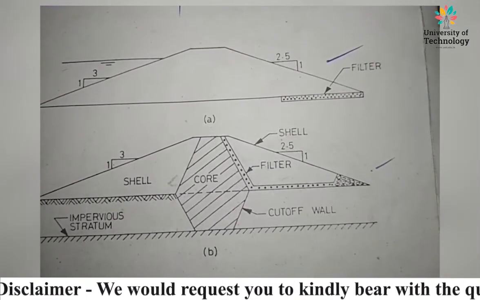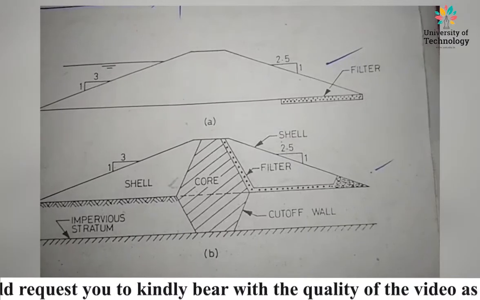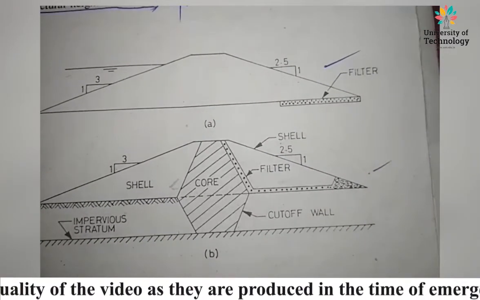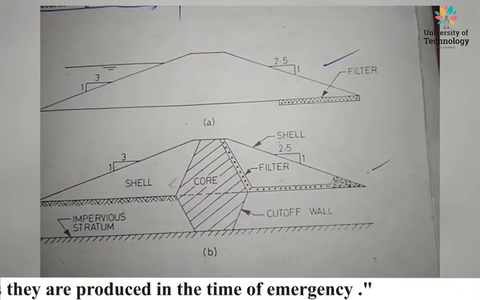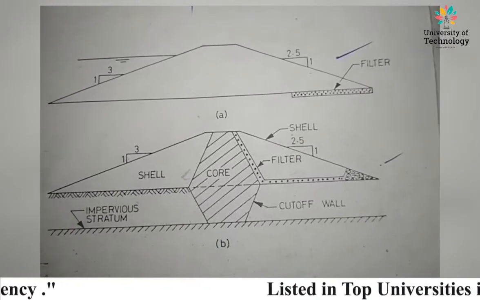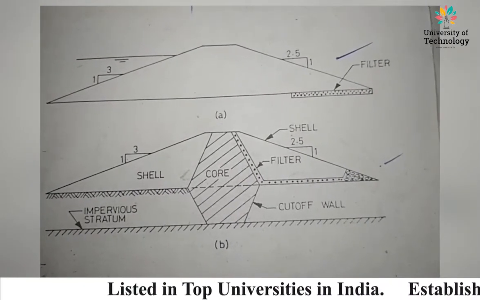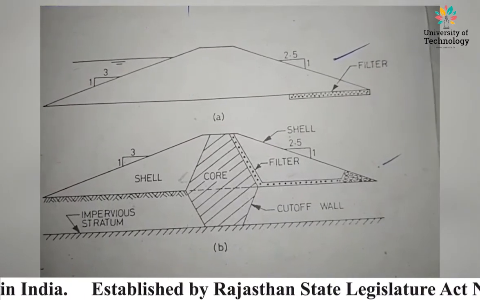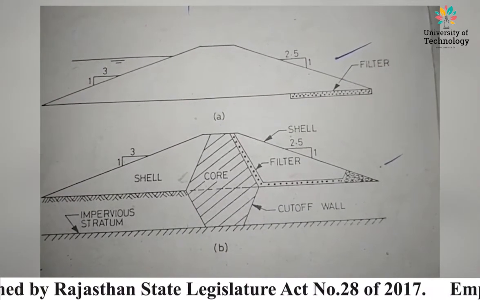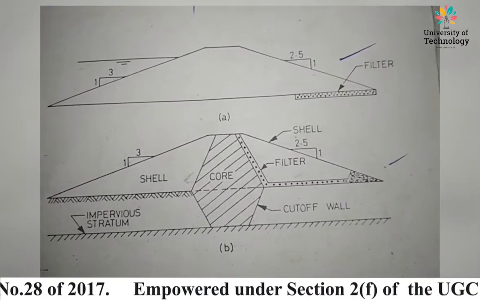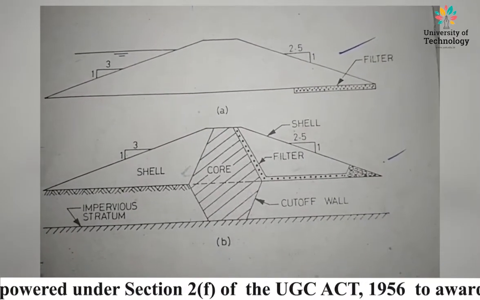Earth dams are usually built in wide valleys having flat slopes at their abutments. The foundation required in this type of earth dam is not quite as tough as compared to other dams such as gravity dams.